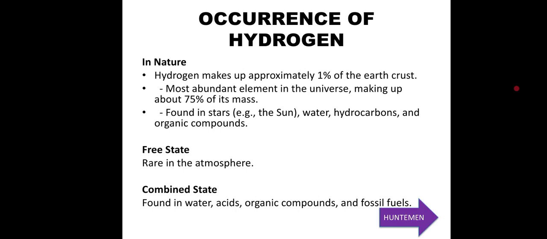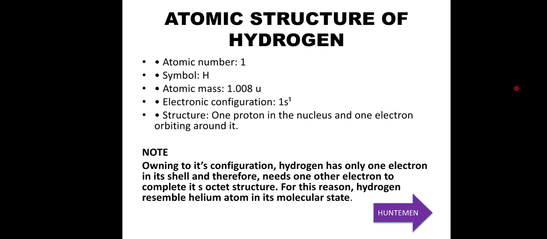But in organic acids, we identify organic acids having COOH as an indicator. In that format, there is hydrogen in all organic acids because of the last hydrogen atom that is in the structure.